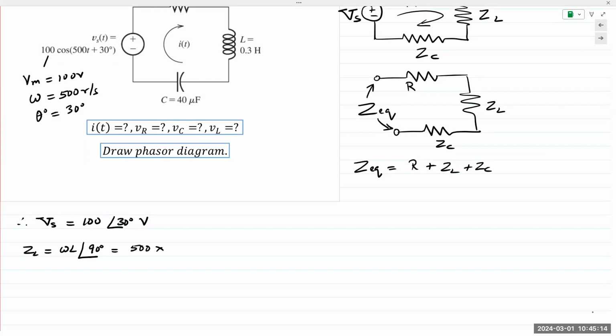That is 500 times 0.3 Henry, with an angle of 90. So that gives me 150 with an angle of 90. In rectangular coordinates, it is j omega L. So it would simply be j150 ohms.